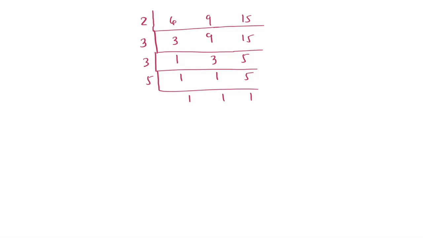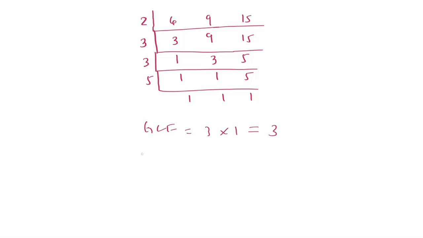Next, to find the GCF, we check the product of the factors that managed to divide all the numbers in a row. Those numbers are 3 and 1. So the GCF is 3 times 1, which becomes 3.